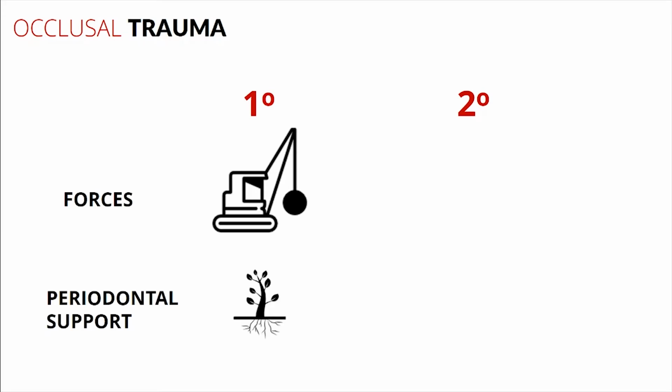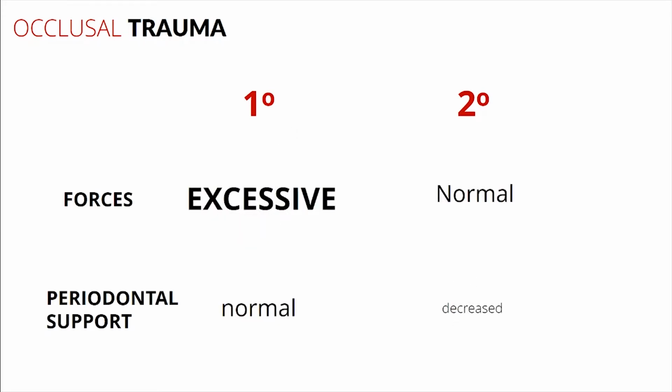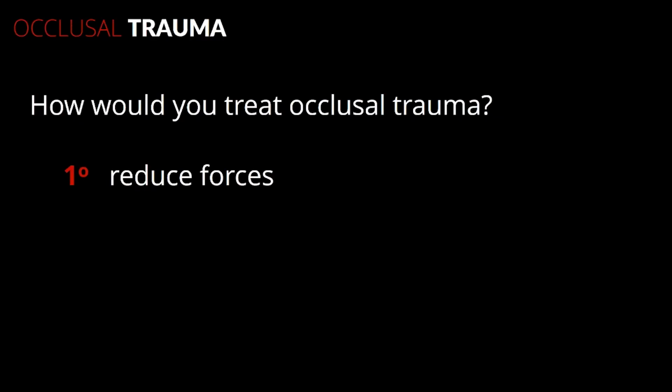Okay, so a classic example of when you would feel fremitus is if you had, let's say, a filling that was done recently, and they left that filling too high, right? So that when you close together, that first tooth that touches is the one that you just had the filling on.